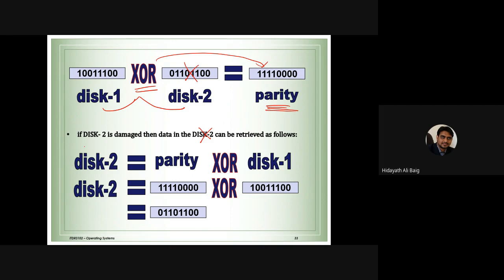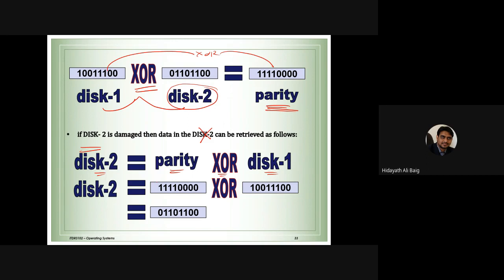How do we recover our disk 2? We take the parity block XOR disk 1, which means what we are going to do now is disk 1 XOR parity block. When we do this, we are going to recover our disk 2.